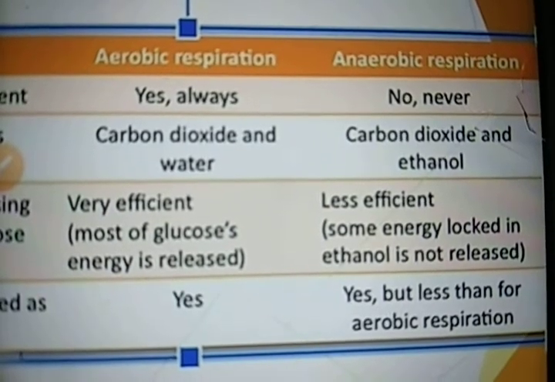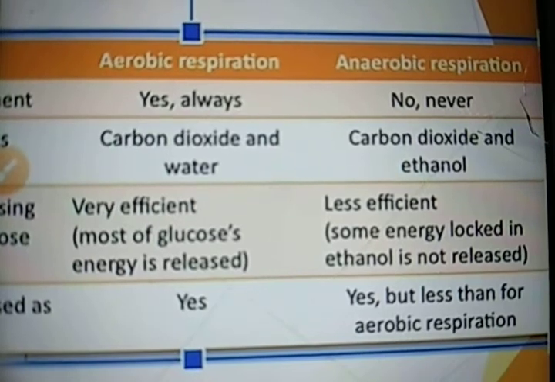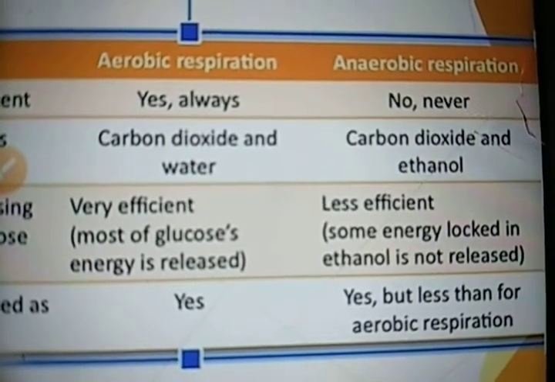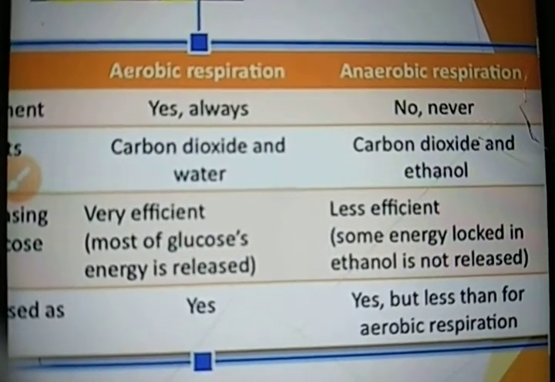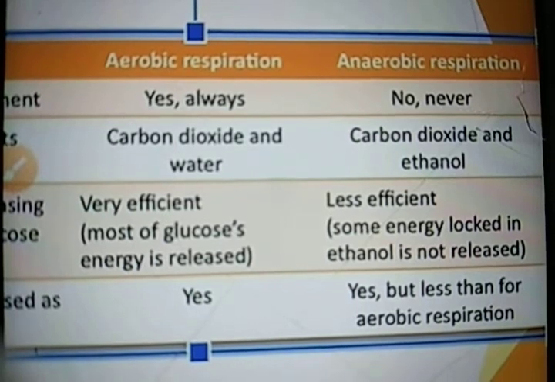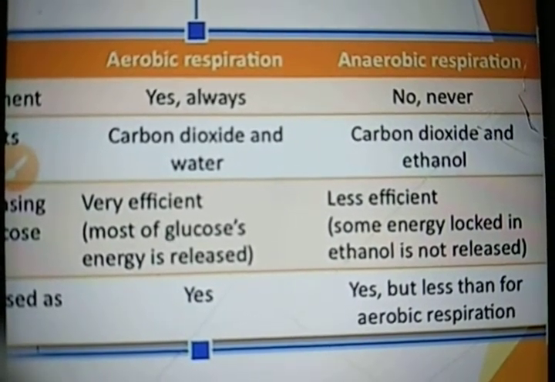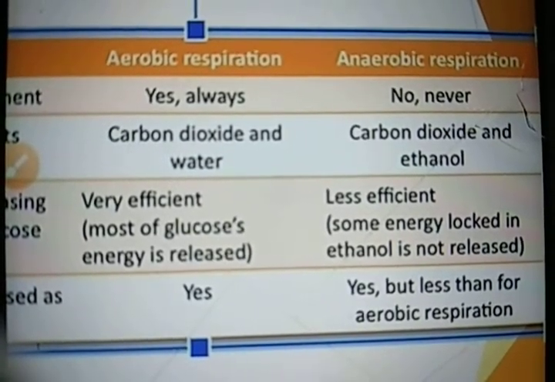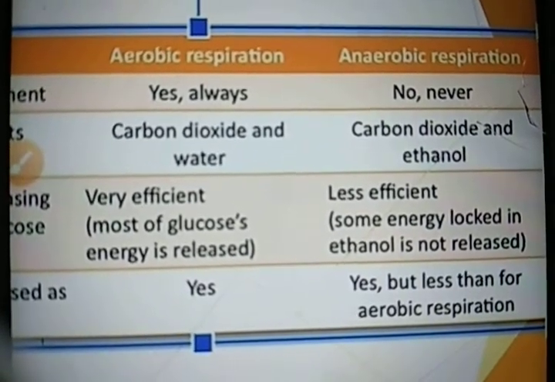Ethanol is one form of alcohol. Aerobic respiration is very efficient, and most of the glucose energy is released, whereas in anaerobic less energy is released. During aerobic respiration a lot of energy is released in the form of ATP, while in anaerobic respiration less energy is released.